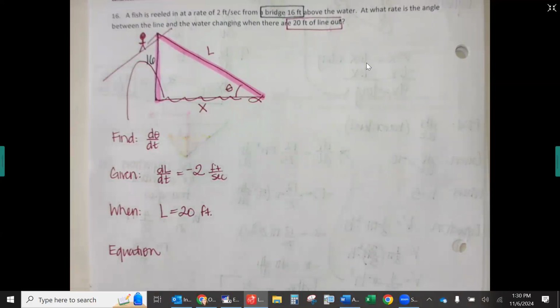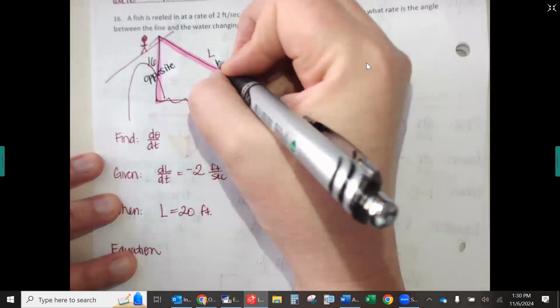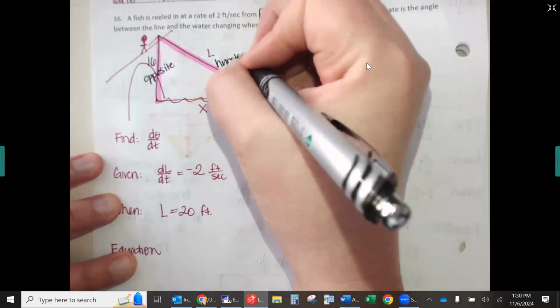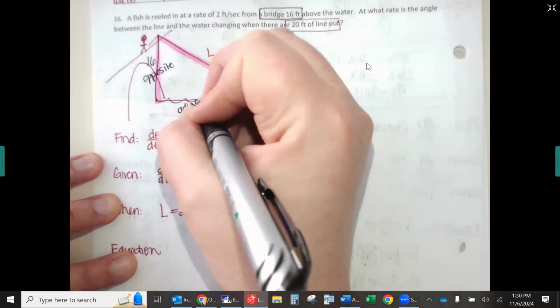So if this is my theta, what would 16 be labeled as? The hypotenuse, the opposite, or the adjacent? Okay, this is the opposite. And then what would the L be? Hypotenuse. Okay, then that means that X is my adjacent.